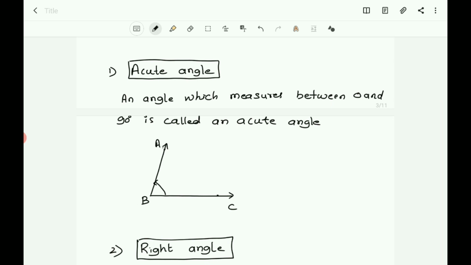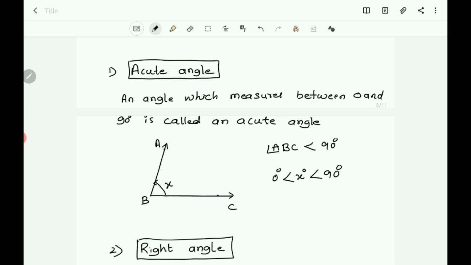Here angle ABC is less than 90 degree. So here if x is an angle, then x degree is greater than 0 degree and less than 90 degree.